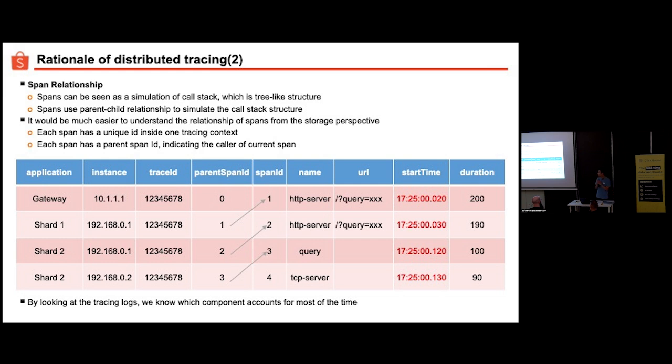For example, let's say we want to search for a trace ID and there are 4 logs from this table. Because we know the relationship between each log, we can form these logs in a tree style, and it will tell us how the request is processed in the distributed network.